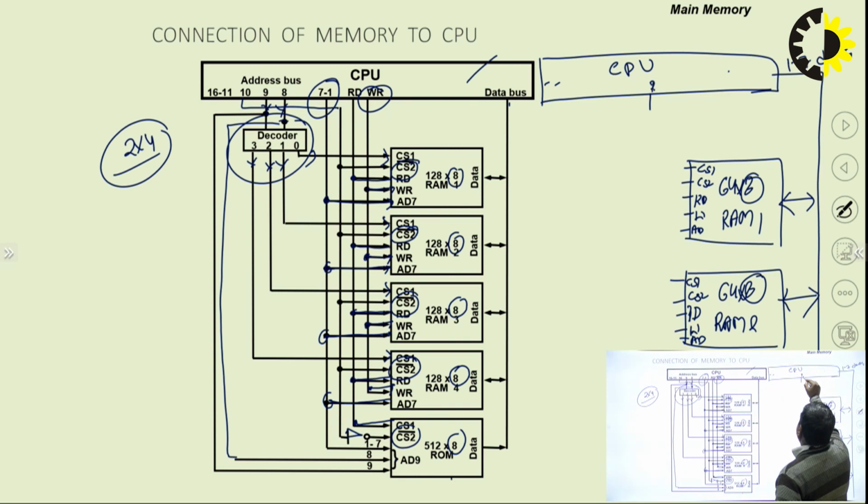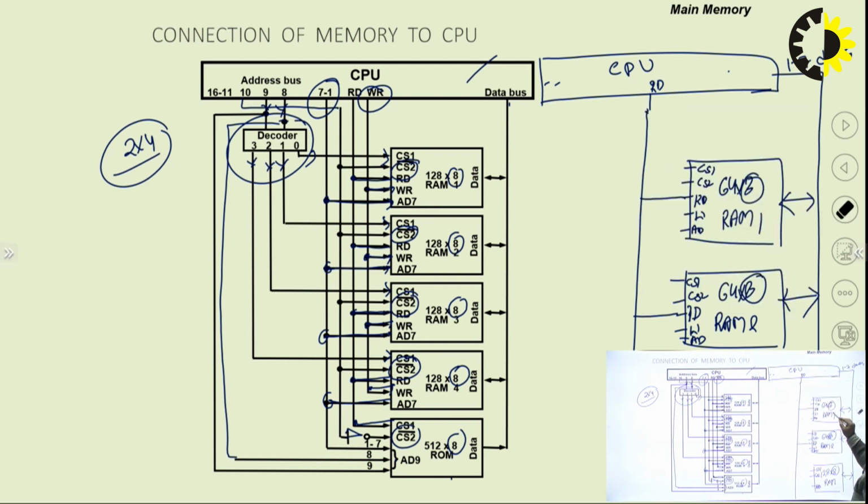Similarly, first we connect the read function. Now the read function of the CPU is connected to the read function of the RAM chip 1. The read function of the CPU is connected to RAM chip 2, and there is no read operation in the ROM chip, so the read function of the CPU is interconnected to the CS1 of the ROM chip.